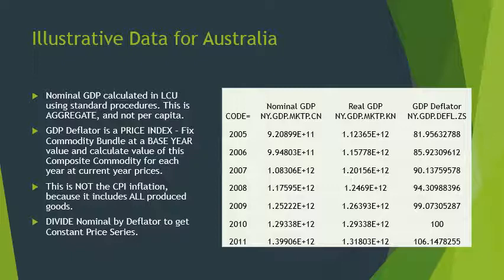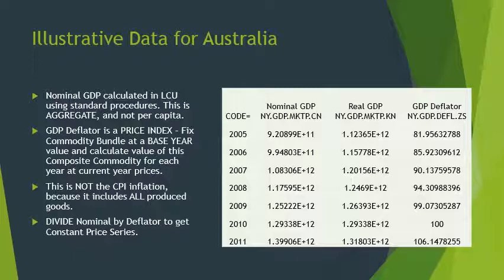Now, this GDP deflator is not the same as the consumer price index or the inflation index that's commonly available, because the consumer price index refers only to the commodities which matter for consumers, whereas this GDP deflator matters for all production. Some production is for government, some production is for other firms. So all of this comes into the GDP deflator, which is not part of the consumer price index.